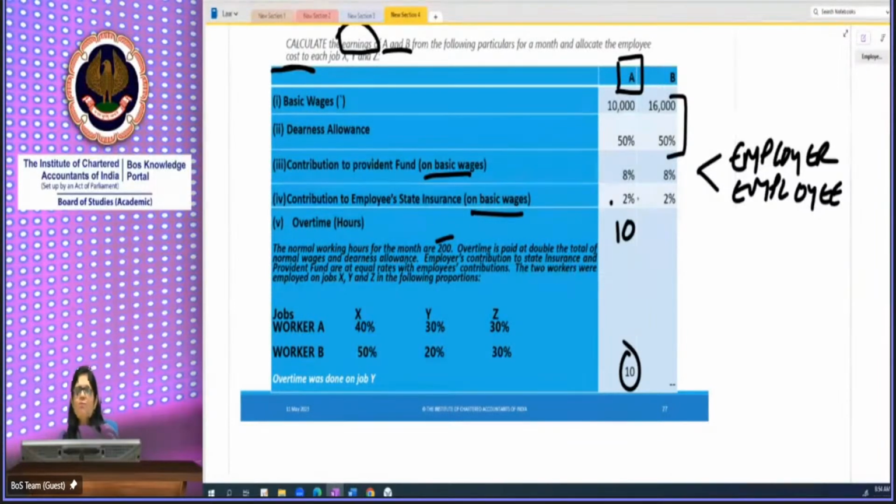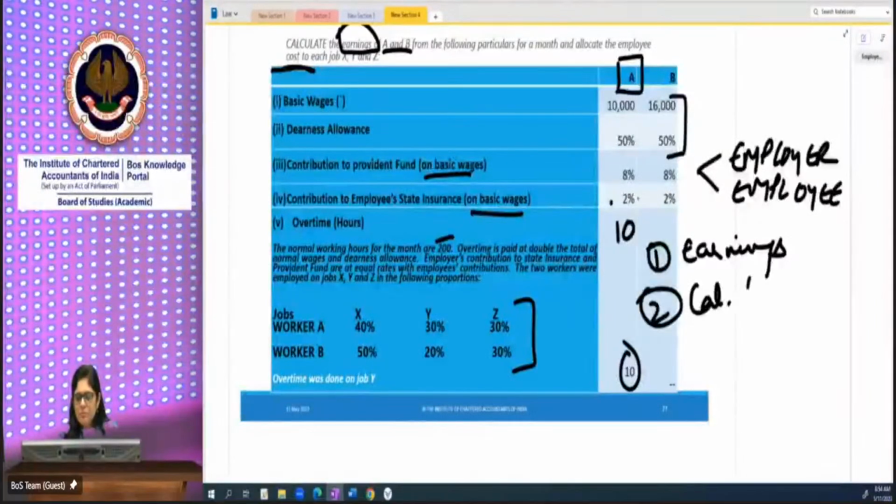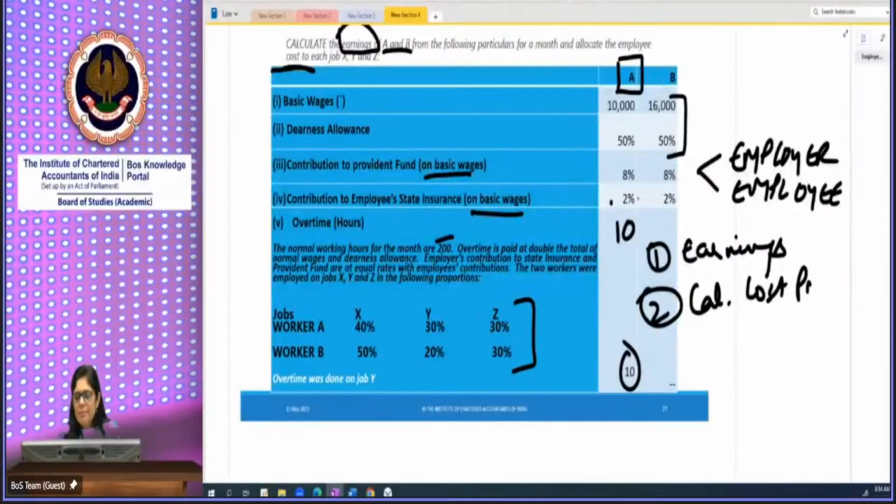So once you calculate the rate per hour or the cost per hour, then we will allocate it to the different workers. Clear? So first of all, you have to calculate the earnings. Earnings has nothing to do with the allocation. Second step, you should calculate the cost per labor hour.